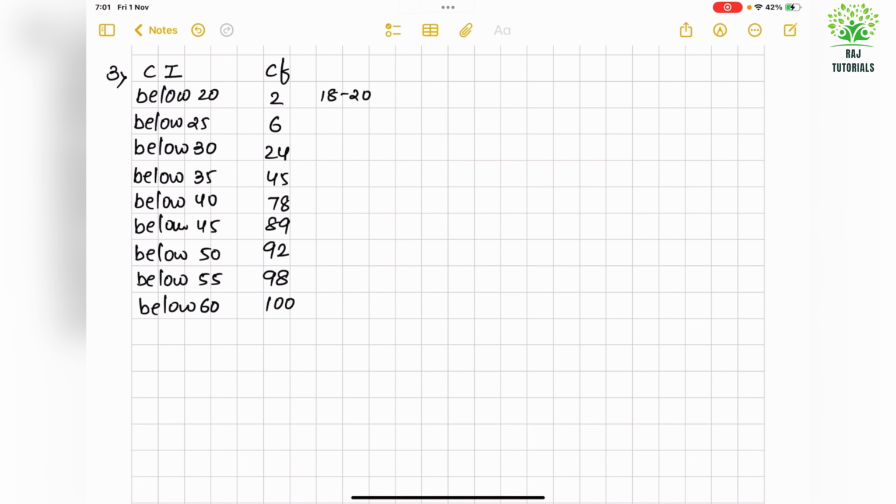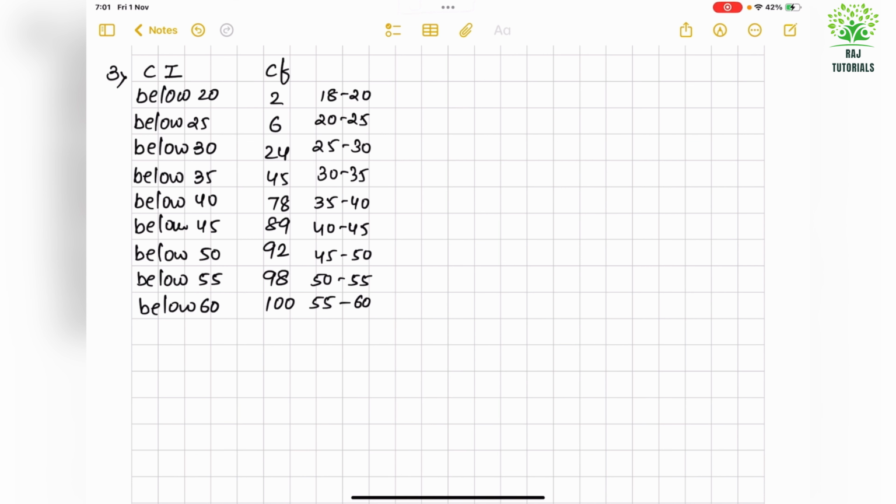So the first class will be 18 to 20, then 20 to 25, 25 to 30, 30 to 35, 35 to 40, 40 to 45, 45 to 50, 50 to 55, and 55 to 60.